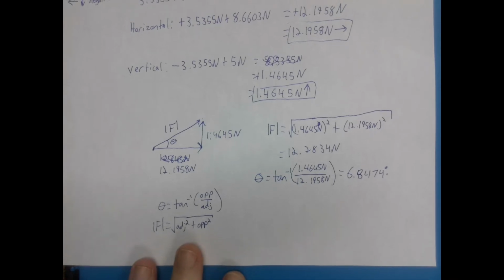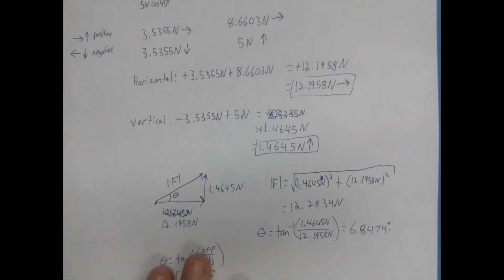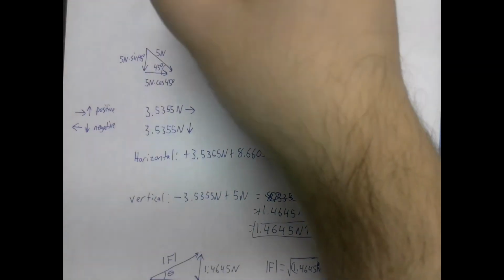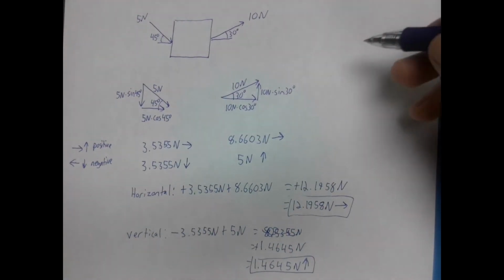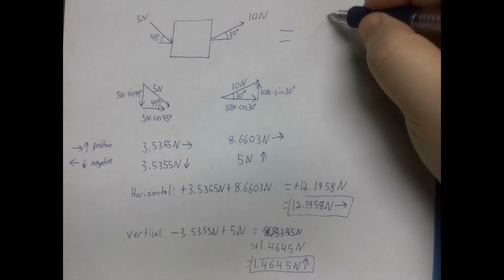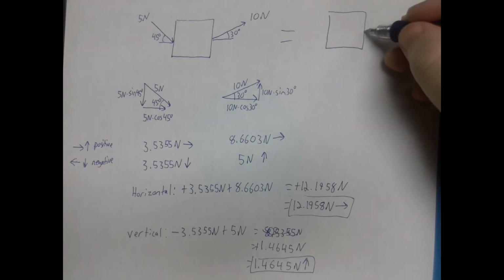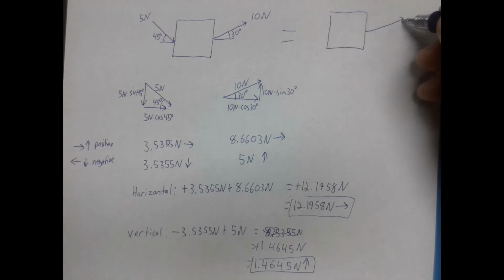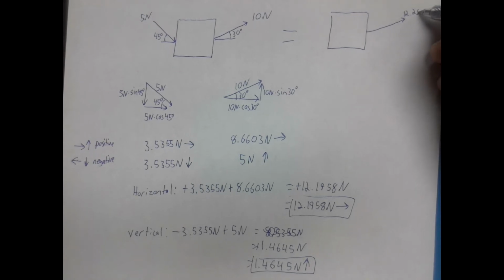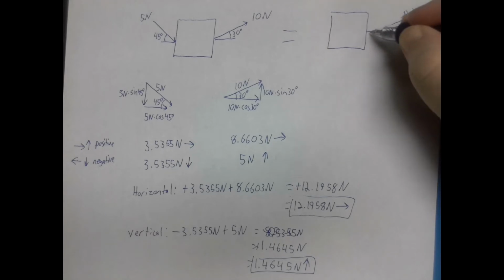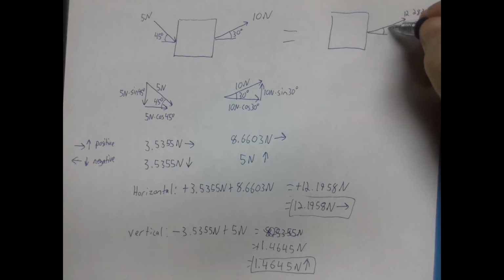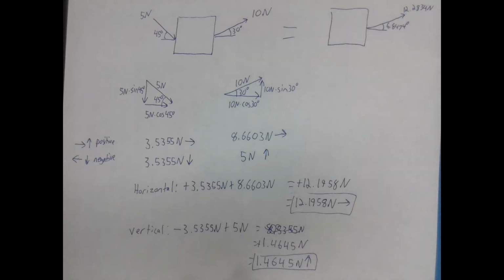So, in summary, these two forces, when added together, are equivalent to a single force that has a magnitude of 12.2834 newtons and an angle of 6.8474 degrees. Make sense?